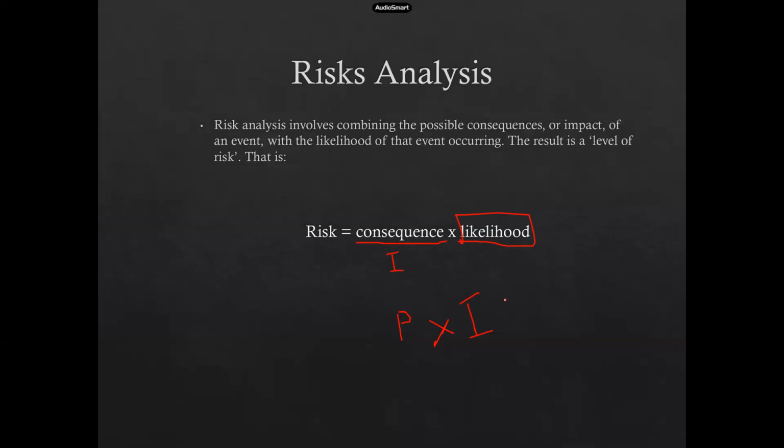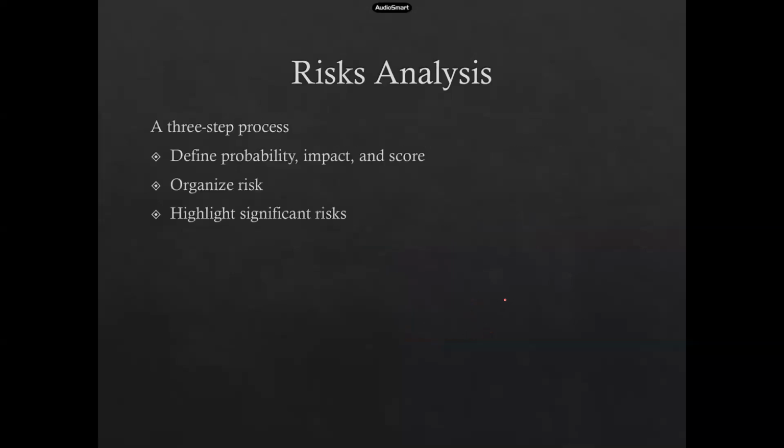This gives us a very good picture of which risks we should be catering to or resolving first, and which risks may have a very high impact and should be dealt with immediately.